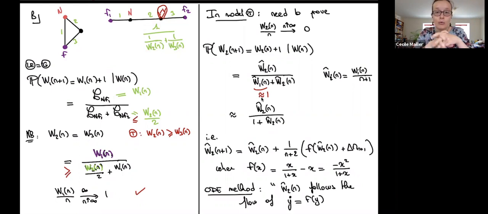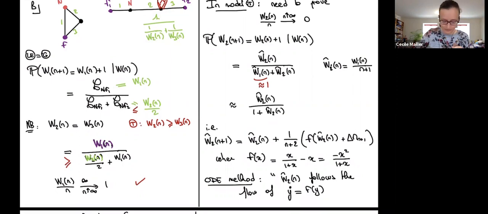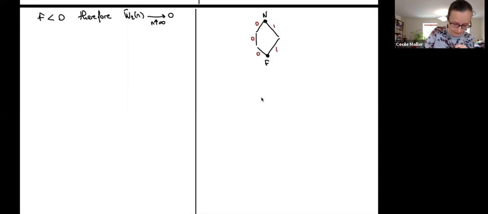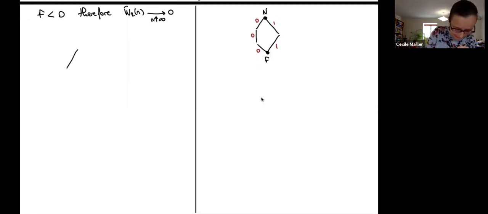But there are also, if you look at the book of Lyons and Peres, if you're not in the series parallel case, other formulas that can help. In particular, there is a triangle to star transformation, which basically allows you to calculate effective conductances when you're in a case like when you have a triangle.